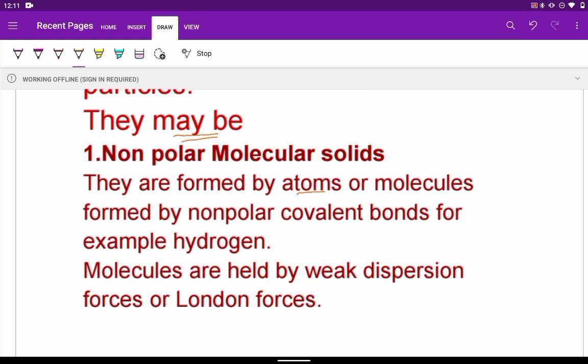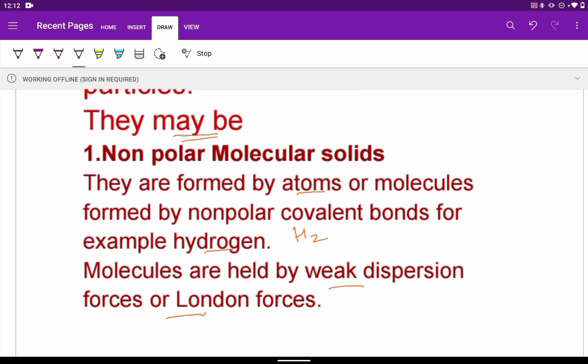See, I have written here hydrogen. How is the hydrogen molecule? It is H2. Both the atoms are same. So here these are nonpolar molecular solids. Here the molecules are held by weak dispersion forces or London forces.